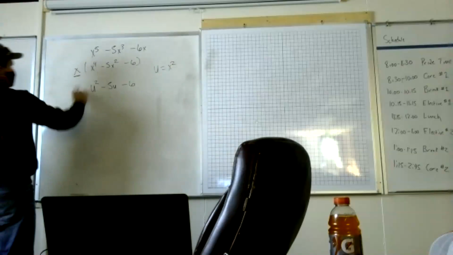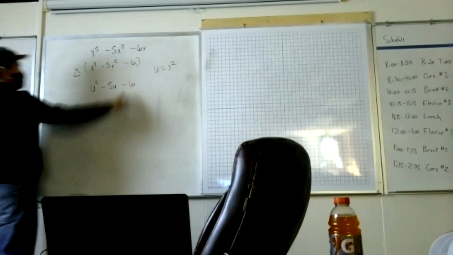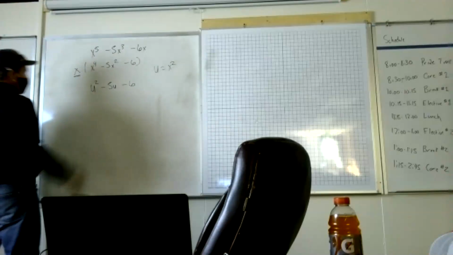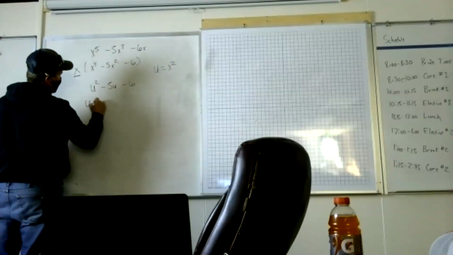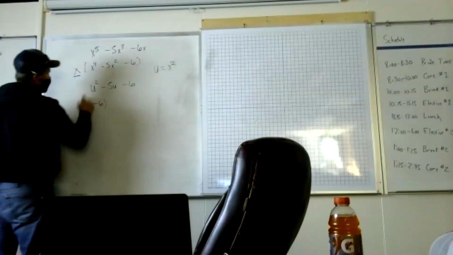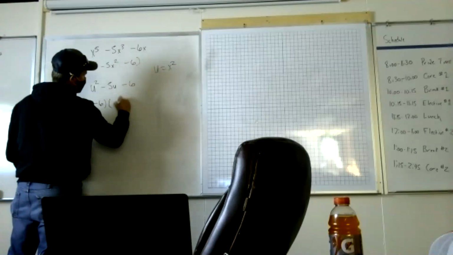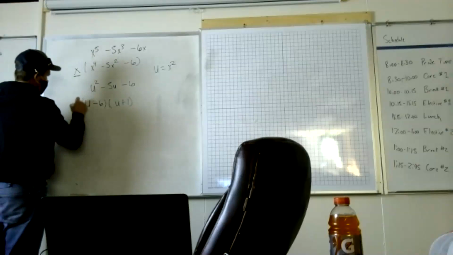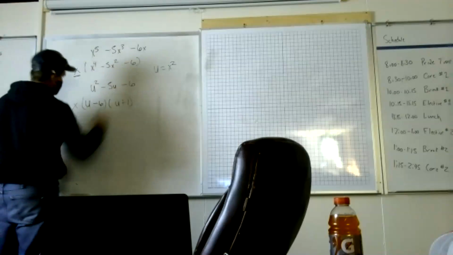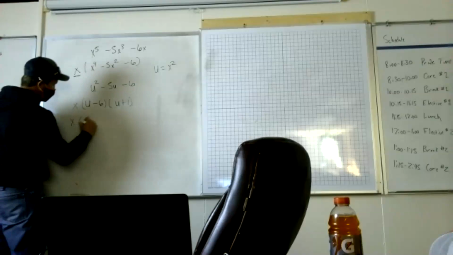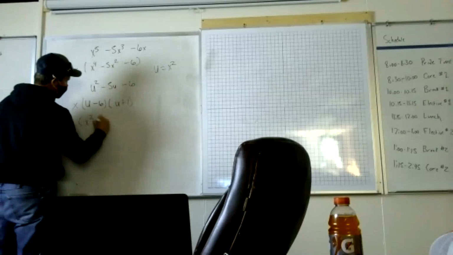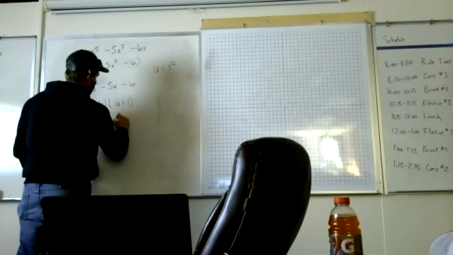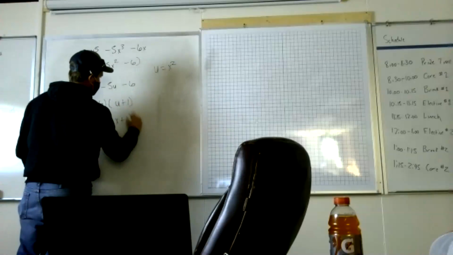Then we're going to factor this, looking for 2 terms that multiply to equal a negative 6 and add up to a negative 5. So that's u minus 6, u plus 1. We substitute x squared back in for u, and this is all still times x. So we have x squared minus 6, x squared plus 1.